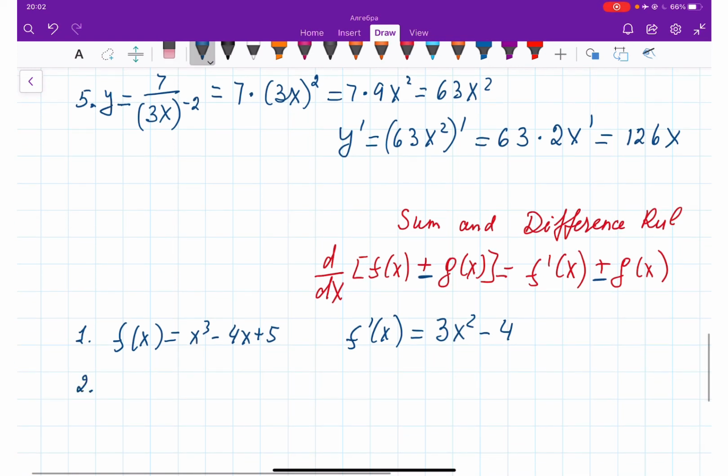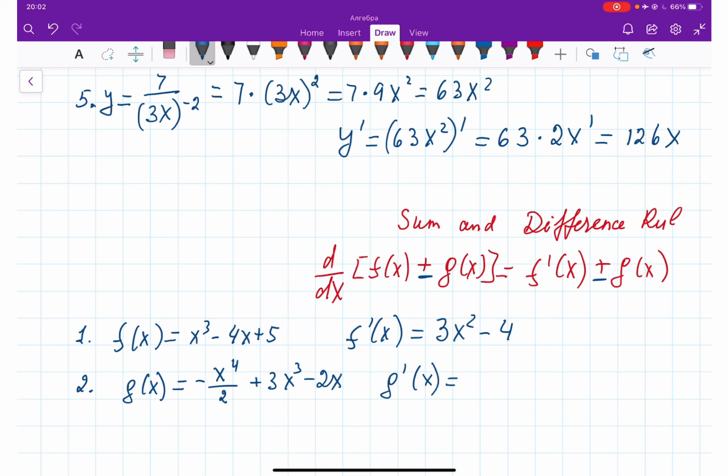G of x is negative x to power 4 over 2 plus 3x cubed minus 2x, and we get g prime of x equals. So what do we have here? Negative 1/2 is going to stay. And then the derivative of x to the 4 is going to be 4 times x cubed, right?